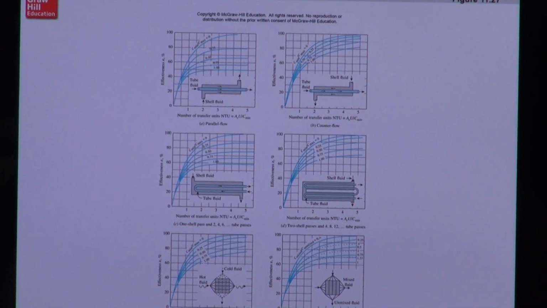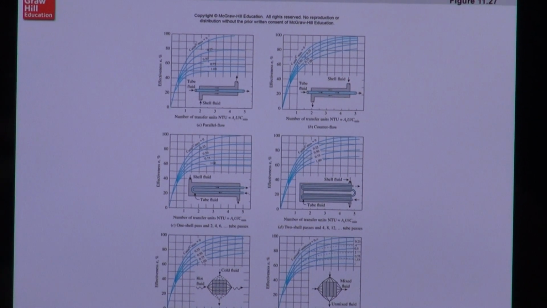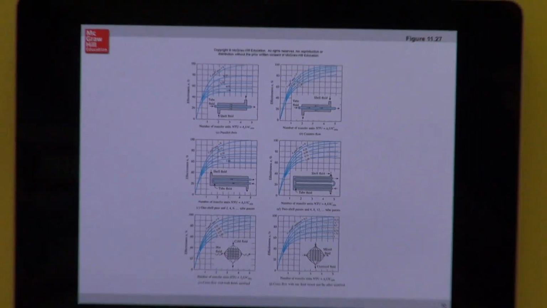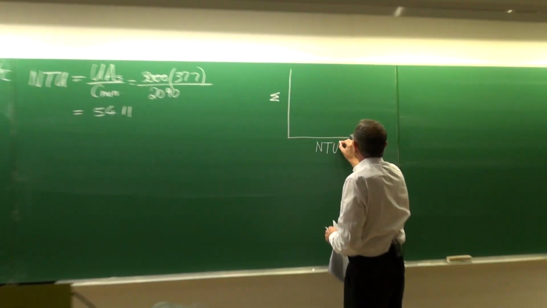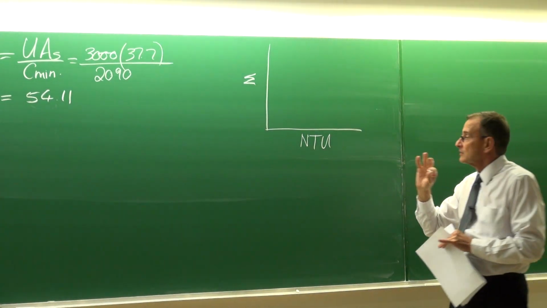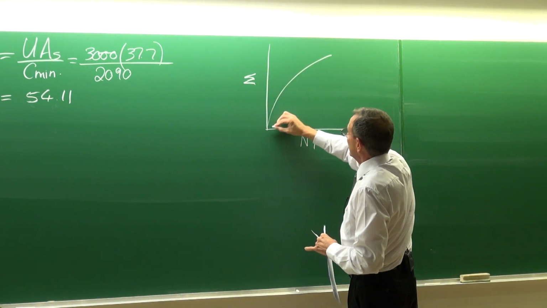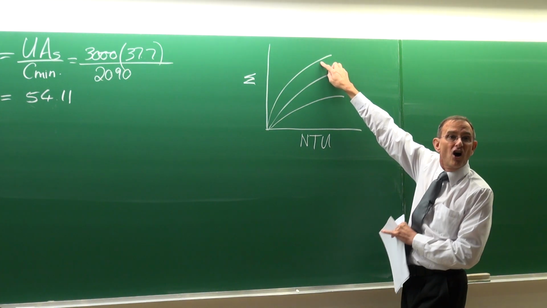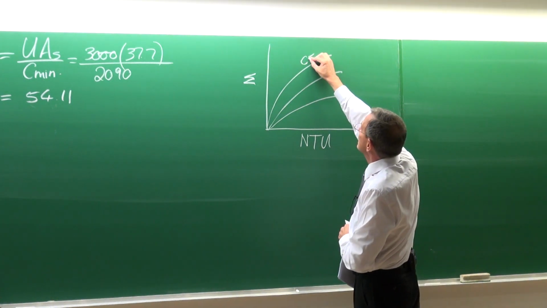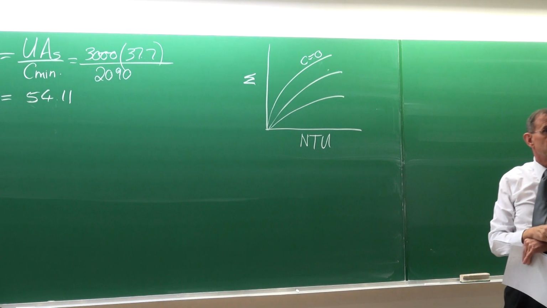Very difficult to see them properly, but in general, all of them have 2 things in common. There's the effectiveness and there's the NTU. For all those graphs, they do something like that. And this one, which will give you the highest value, is C equal to 0. You see that?